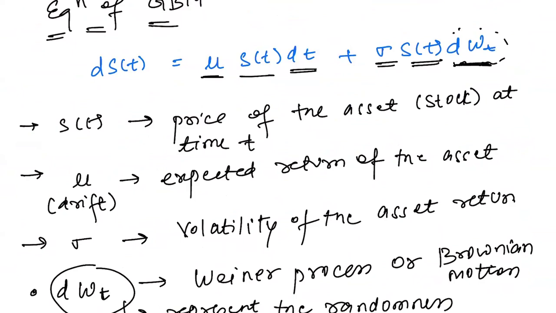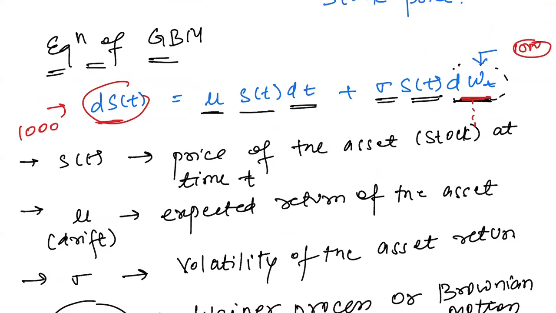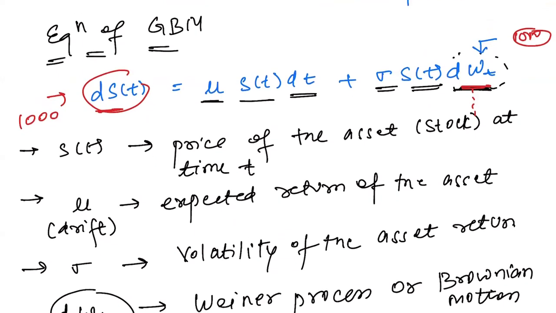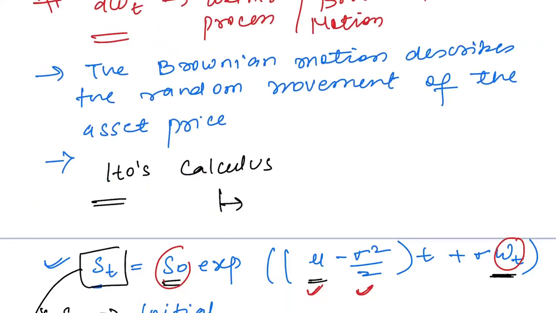Let's say we are generating 1,000 random variables, so our stock prices will also be 1,000. However many simulations we take, we will have that many stock prices. Basically, we use geometric Brownian motion to simulate the stock prices.